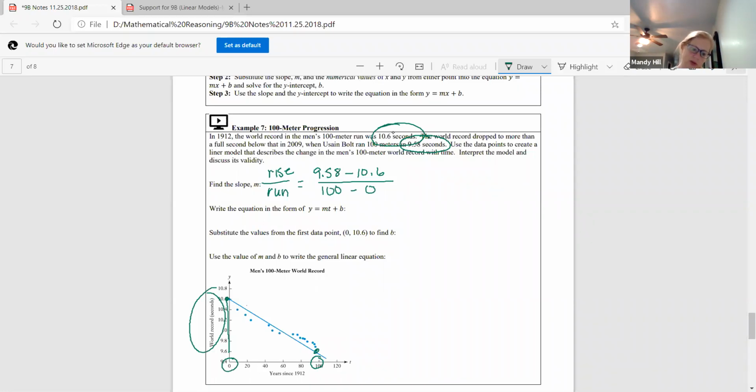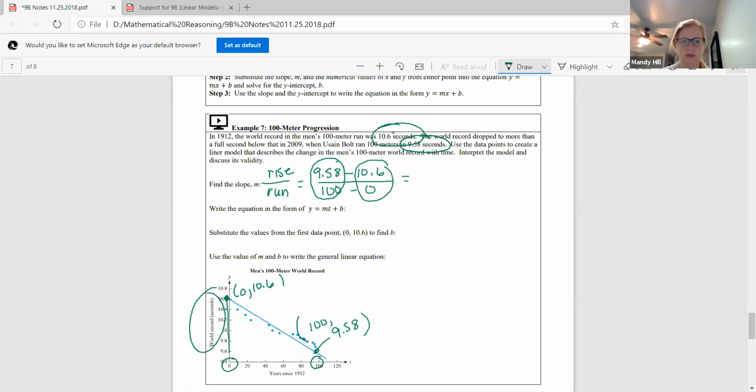One thing you'll notice is that this point right here is 100, 9.58, and both of these go with that. This point right here is the point 0, 10.6, and both of these go with that.